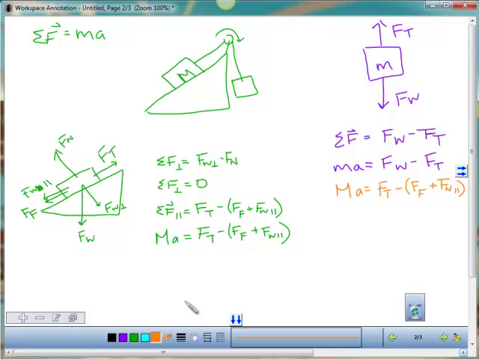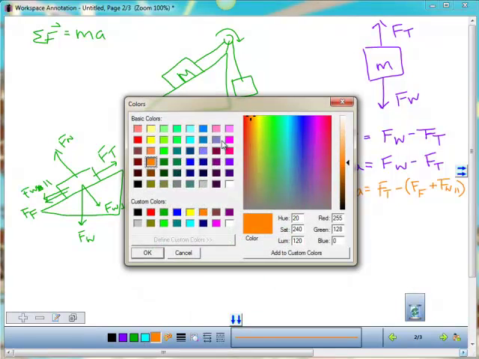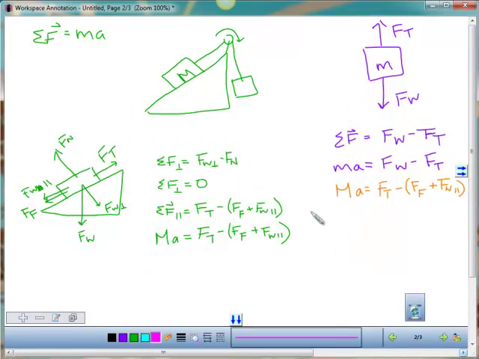So when we combine these, the force of tension is going to cancel out again. And then I'm going to have acceleration multiplied by big M plus little m equals force of weight of little m minus force of friction plus the force of weight parallel.